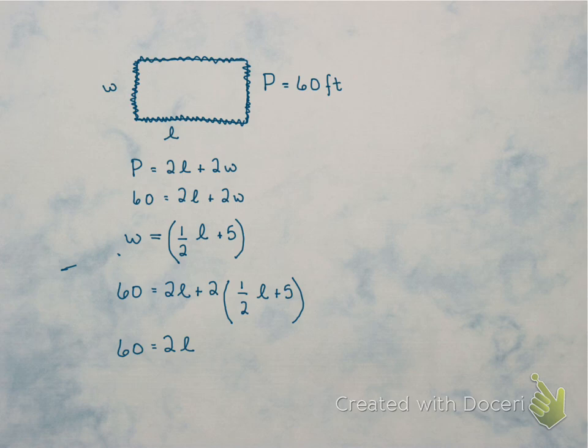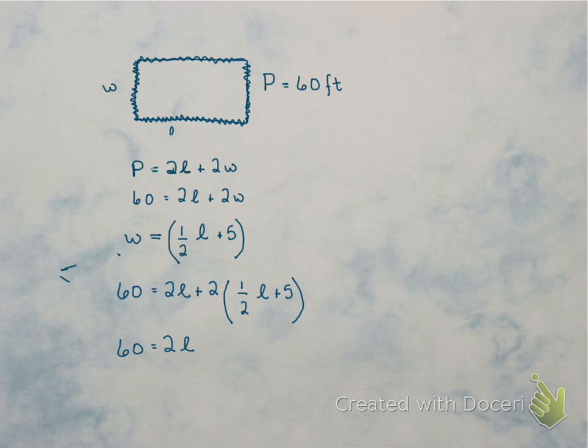And actually, my fault, I just made the mistake that I asked you guys not to make. I used an equals sign. Now, as far as the perimeter formula goes, that was not a mistake. That is the perimeter equation.